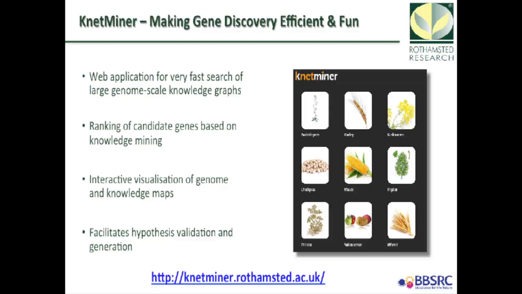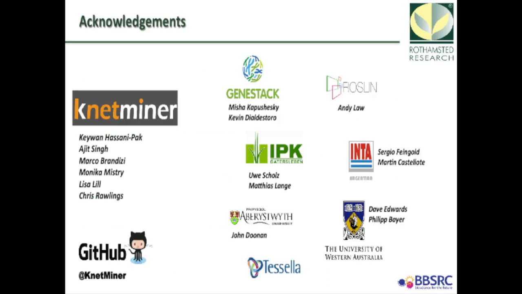People at Rothamsted I'd like to thank are especially Ajit Singh, who's a software developer in my team. He's done a lot of the visualization. We were just successful in getting funding to develop a new version of NetMiner called Disease NetMiner, and the aim there is to create a cross-kingdom NetMiner which links the crop pathogens to the crops.